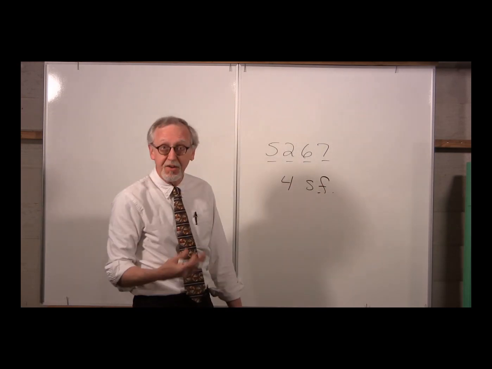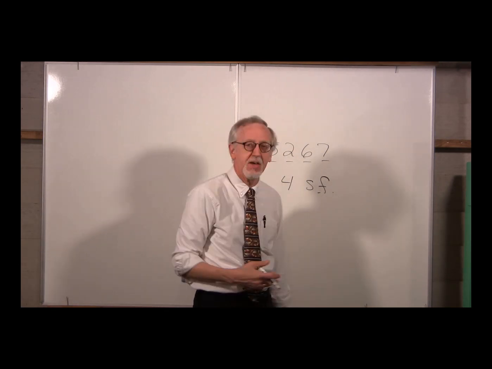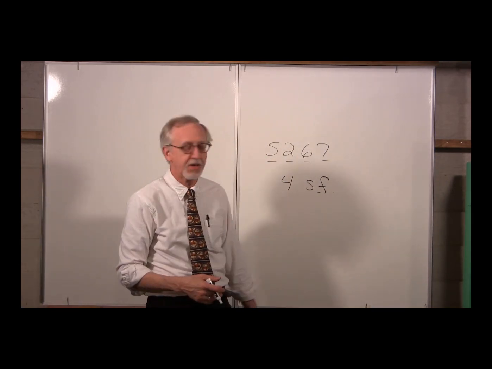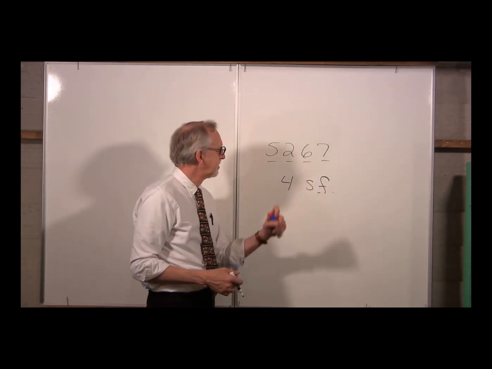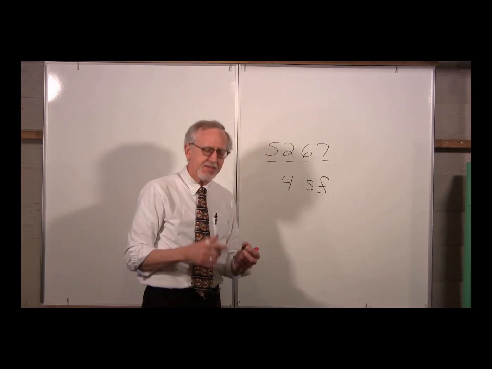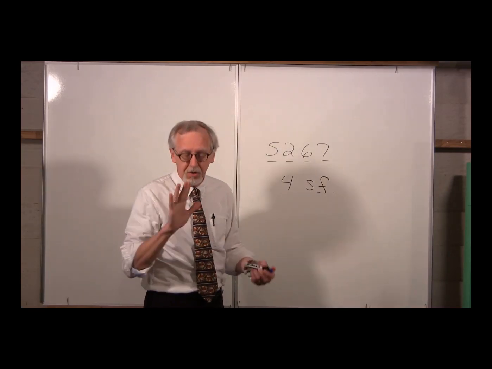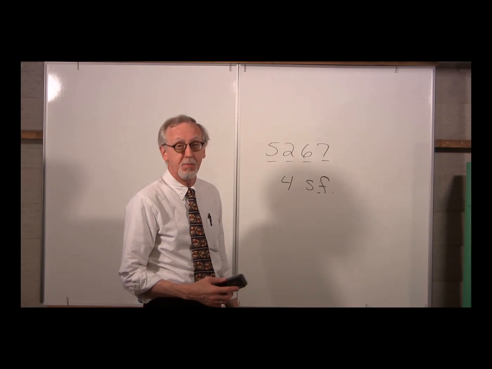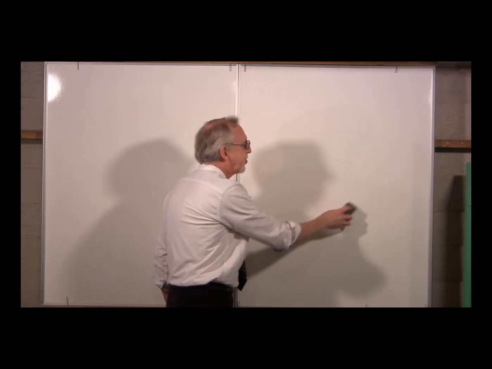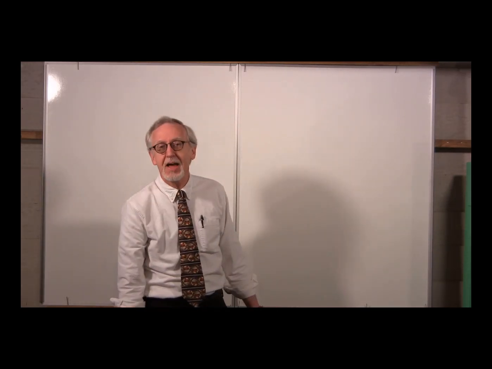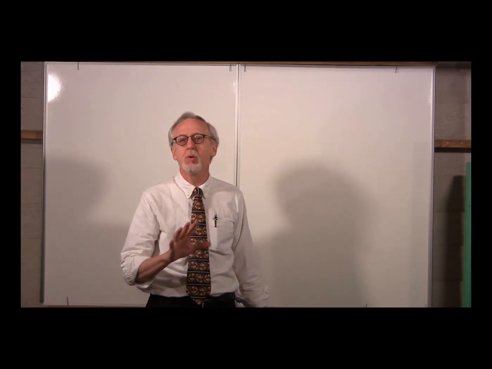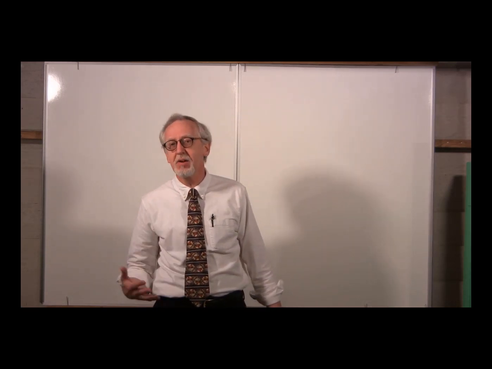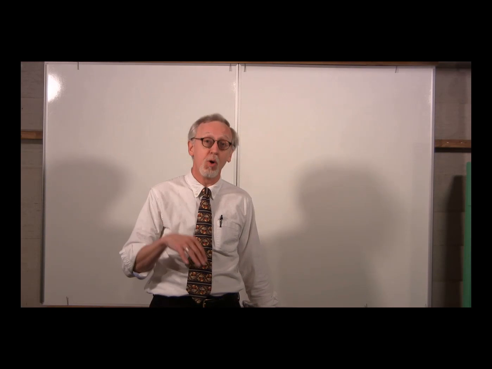I'll use SF for short for sig figs, and sig figs is already short for significant figures. So 4 sig figs. The question arises about zeros. Zeros make it a little bit more complicated. Now, there are 3 rules for determining whether a zero is significant or not.